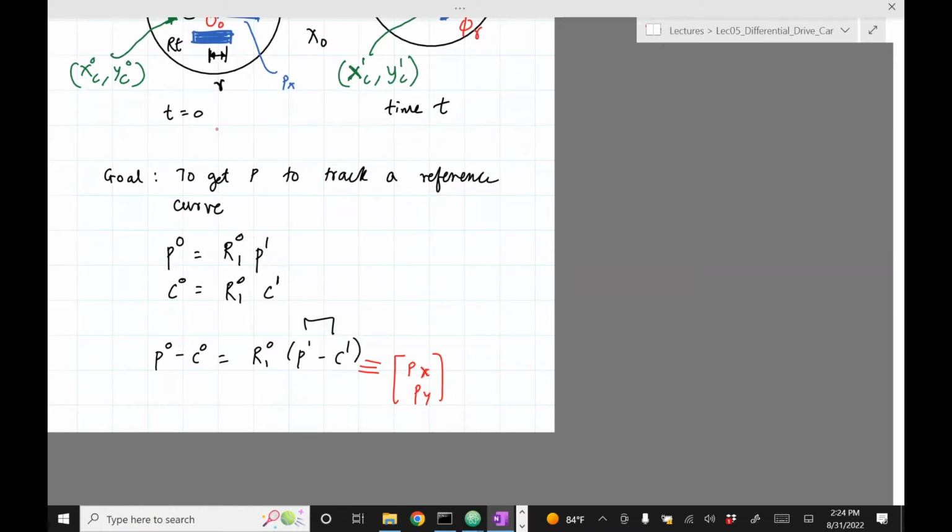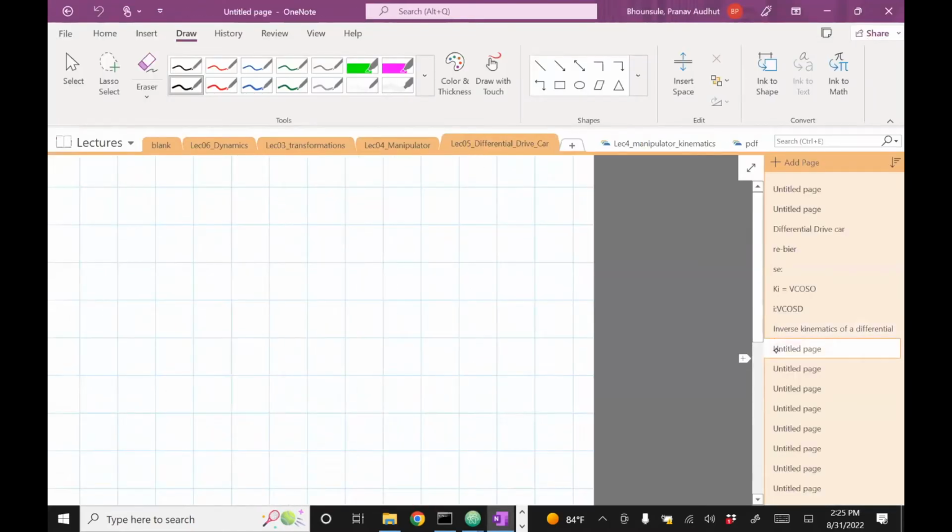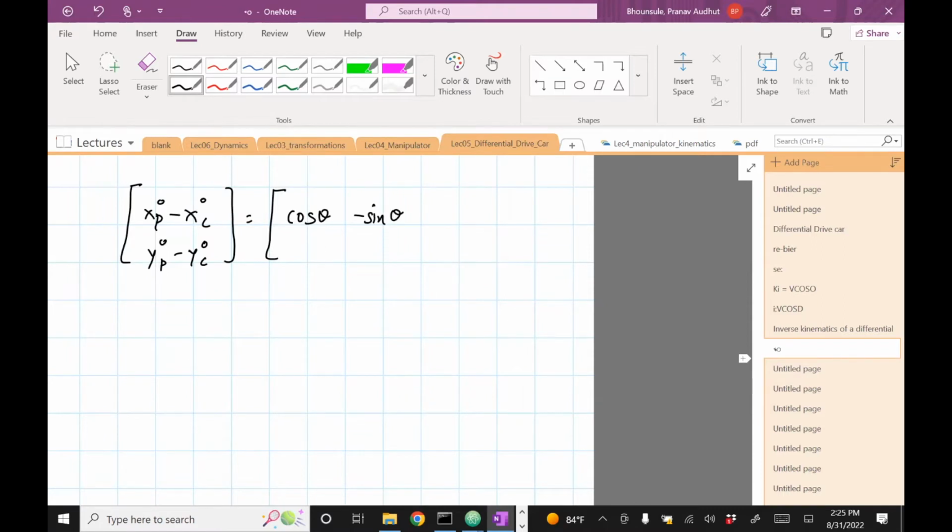Now I'm just going to write it in terms of x's, so we'll take the expression and expand it out. On the left side we wrote P0 minus C0, which is xP minus xC0, yP minus yC0, equal to the rotation matrix, which we know is simply cosine theta, minus sine theta, sine theta, cosine theta.